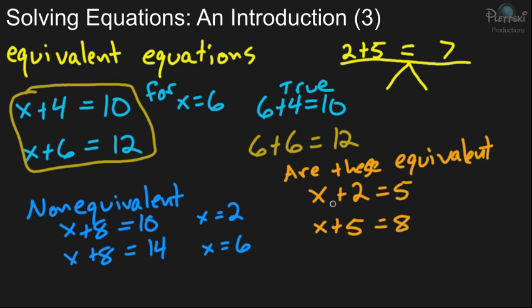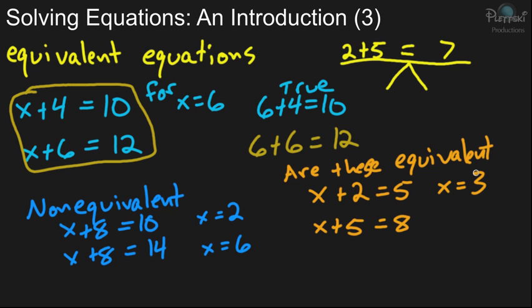Well, let's see. What value for x would make the first equation true? Well, x would have to be 3. 3 plus 2 would be 5. So x would have to be 3.